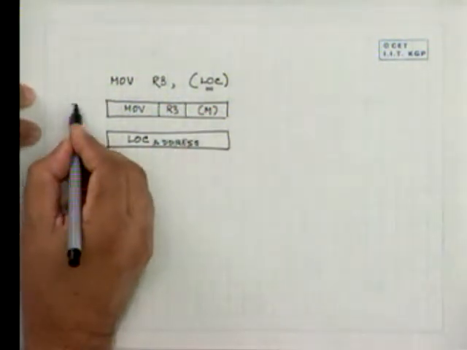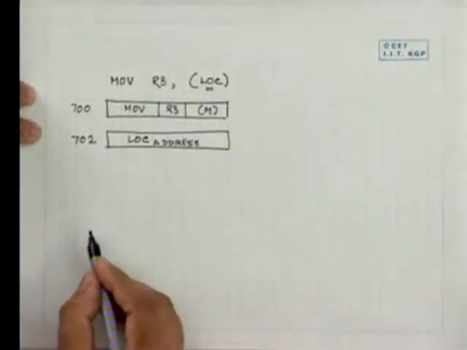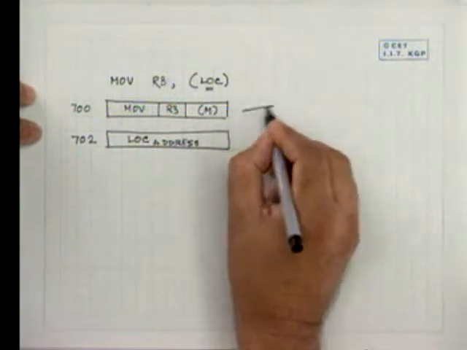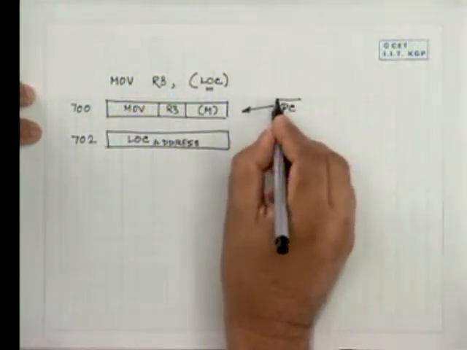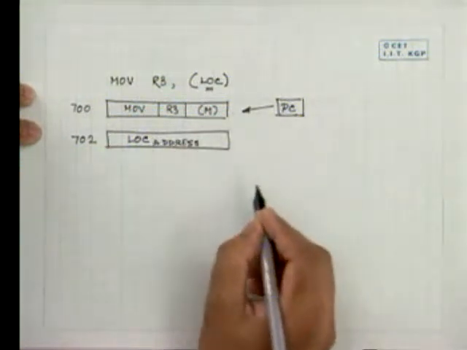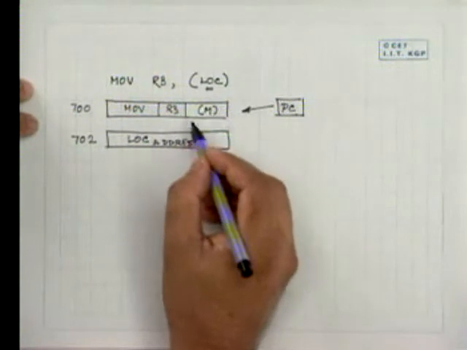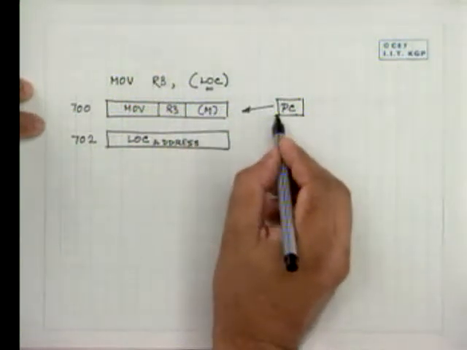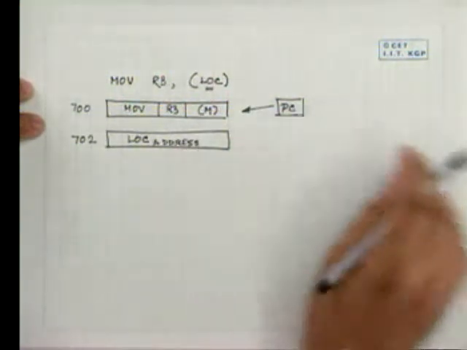Say this instruction is in location 700. We assume that this word is in 702. The program counter is now pointing to here because this instruction is being executed, and when this instruction fetching is over, the program counter will be incremented by 1, we said, okay.